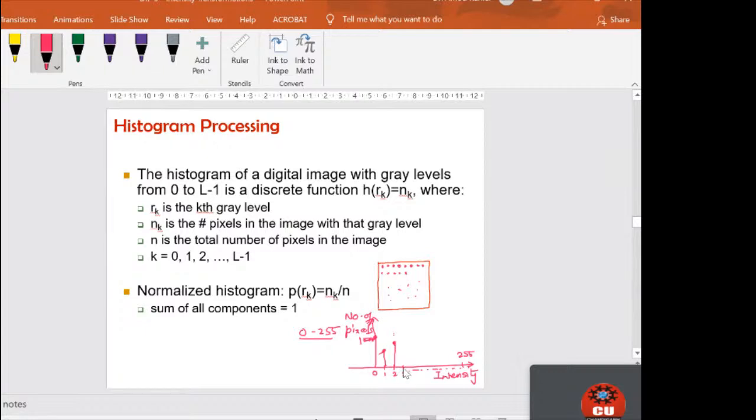So I find out how many pixels exist at each intensity level, right? And this I find out for all the 256 intensity values. Now this particular graph is called the histogram of the image.